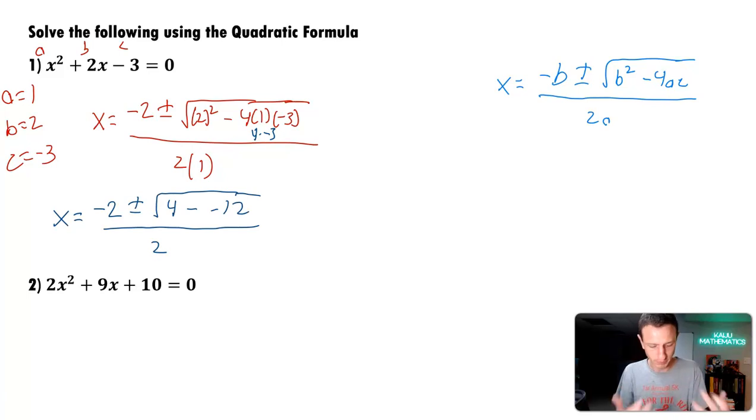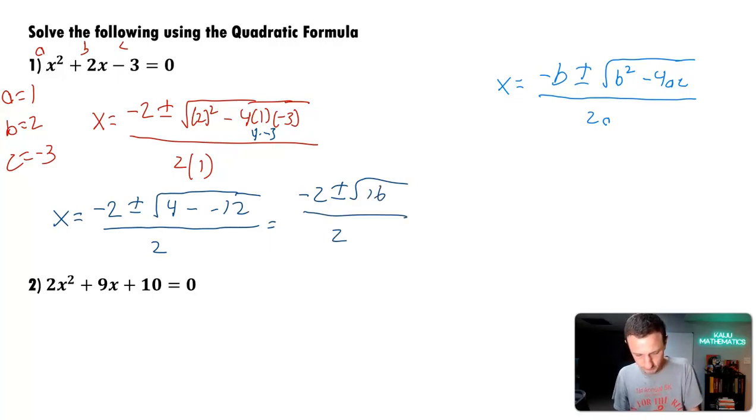So that would be negative 2 plus and minus the square root of 4 minus the negative 12, which is 4 plus 12, which is 16, all over 2. Negative 2 plus minus the square root of 16, which is 4, all over 2.